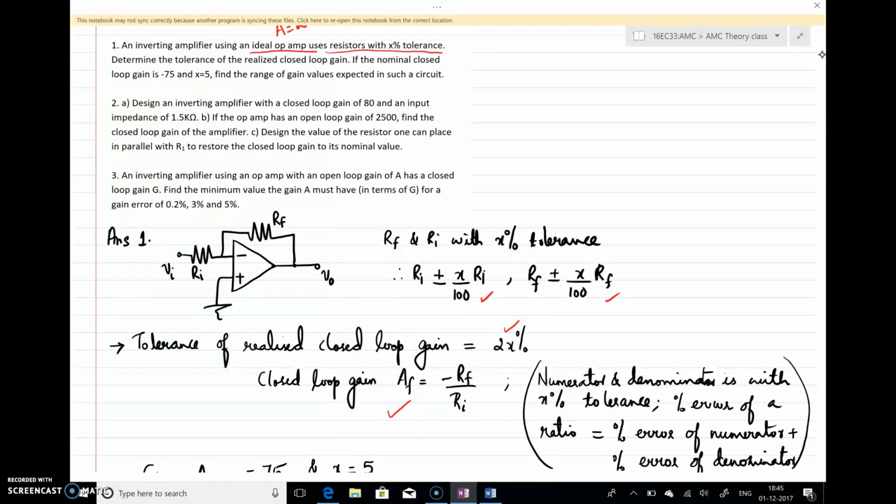You can do that, and your final answer will be the minimum value the gain A must have in terms of G. So A is equal to 19 minus 20 times G, where G is the closed loop gain.